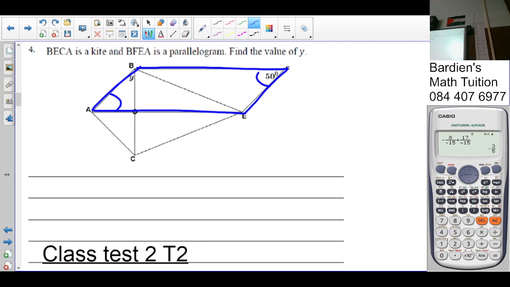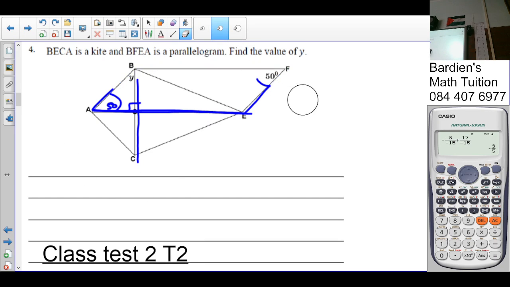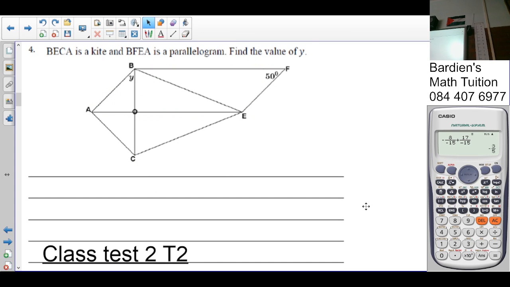So here's your 50. Can you see that? This is a kite, so that is 90. You told me all the rules, but you can't apply them. Why? Because you don't practice. That's the only reason why. And then I can go with sum of angles of a triangle here. Can you see that, people? Easy. I'm upset it's so easy now.